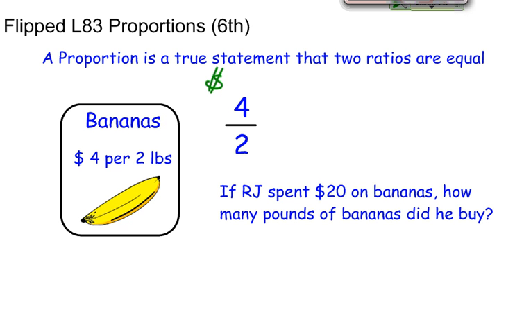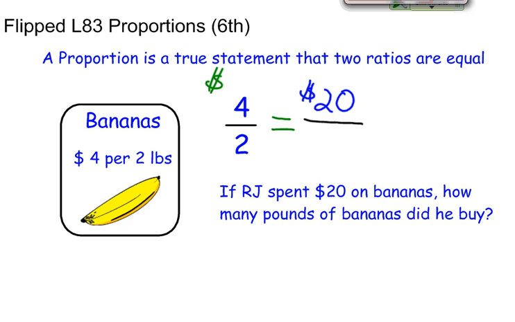And so to set this problem up, we're going to basically create an equivalent fraction where now we have $20. That's what we know. And now we want to understand, okay, what is missing here? What should our denominator be, which is going to give us our pounds?